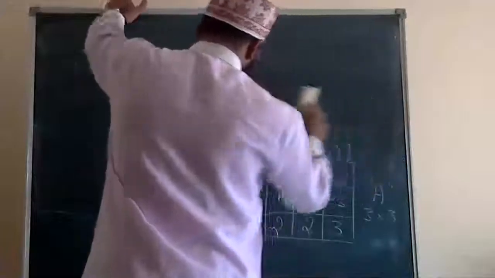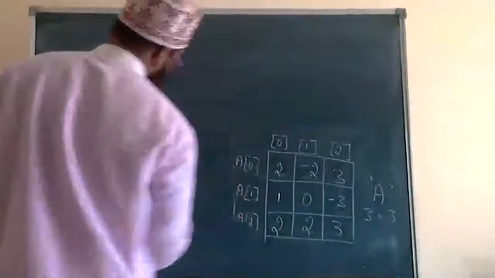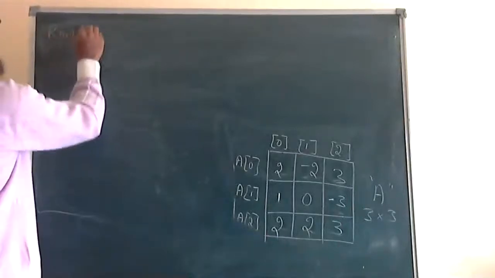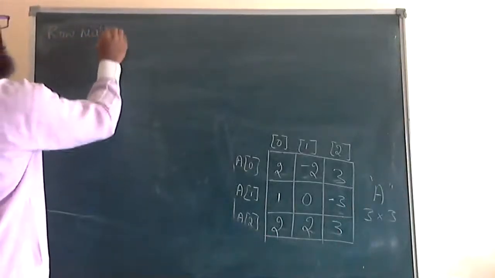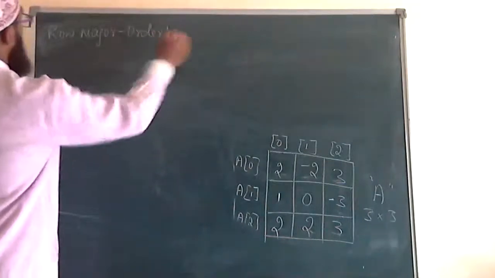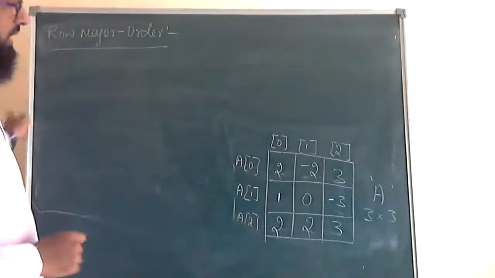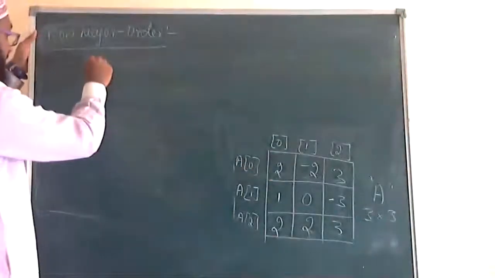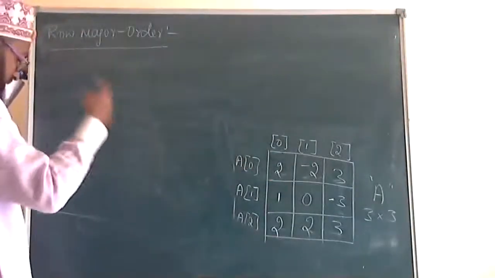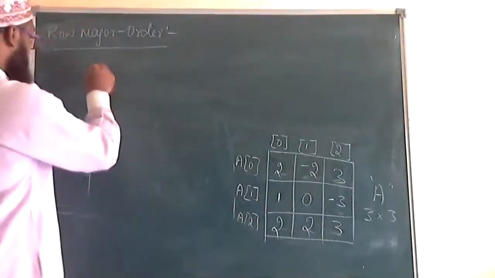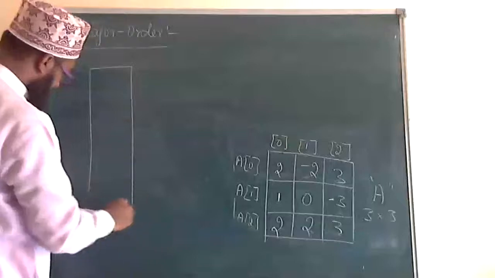Come to row major order first. What does row major order say? The elements of the first row are inserted first. Take an array representation.